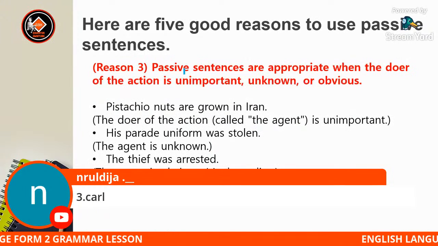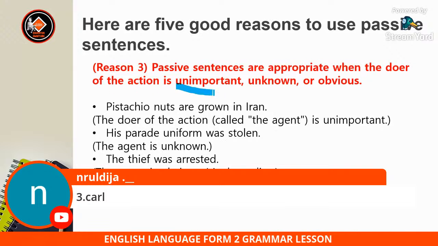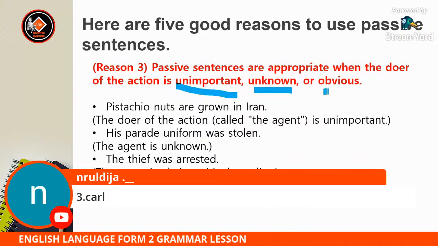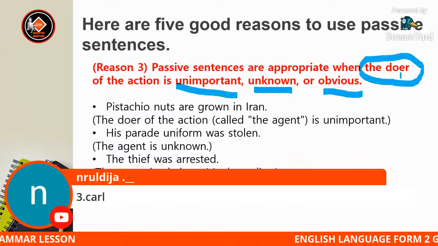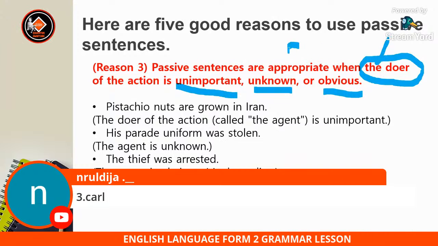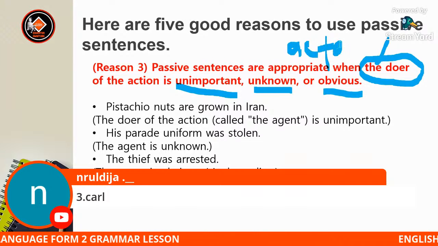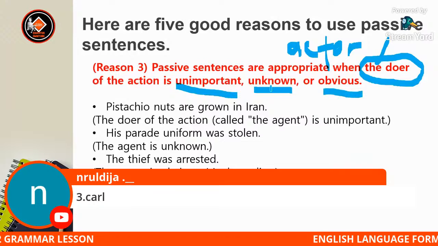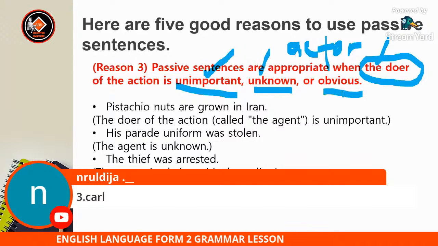Okay, number 3, this is important. Passive sentences are appropriate when the doer of the action is unimportant, unknown or obvious. Okay, bila awak rasa doer, ataupun actor ni, that is also called the actor, or the subject is not important, or you do not know, or obvious.